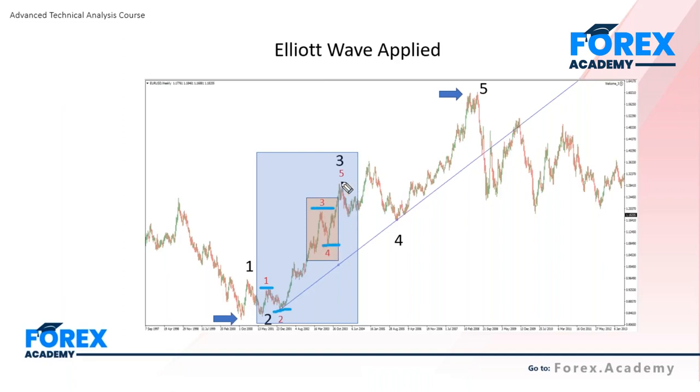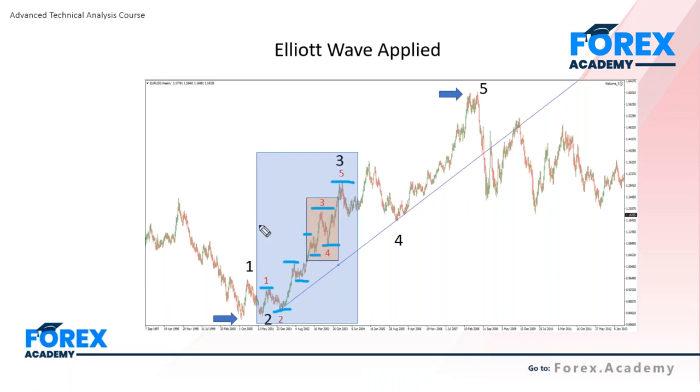Notice too that even if we then look at wave 3, we can identify a turning point there. The turning point there is that 1, 2, 3, 4, and then 5 completes wave 3. So the pattern continues to repeat itself.